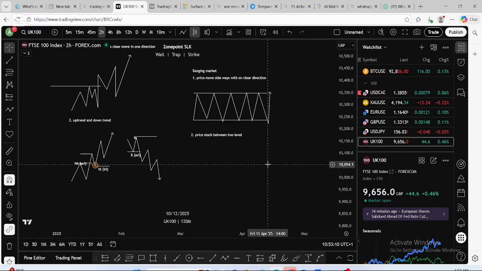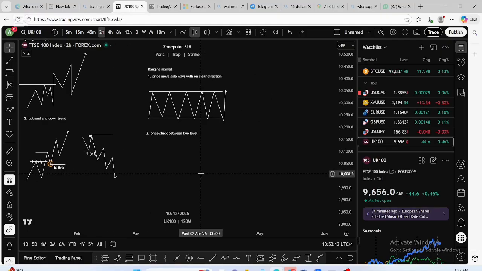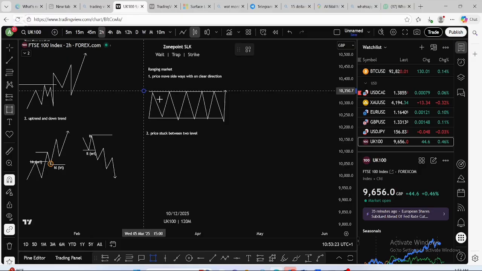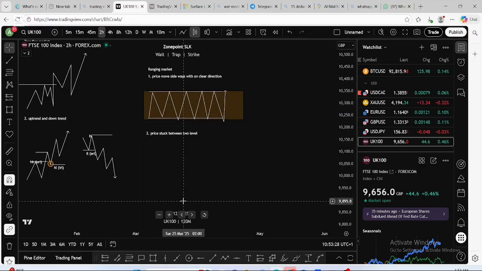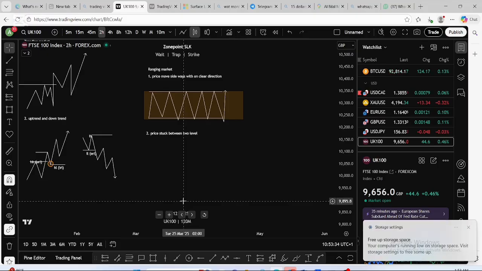So in simple words, a ranging market is when price is trapped in a box. When price is trapped in a box like this, it is a ranging market. And when price gives you directional momentum, that is an up or down trend, that is a trending market. And a ranging market consists of breakouts.